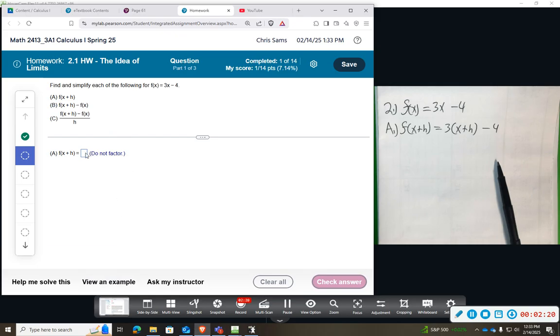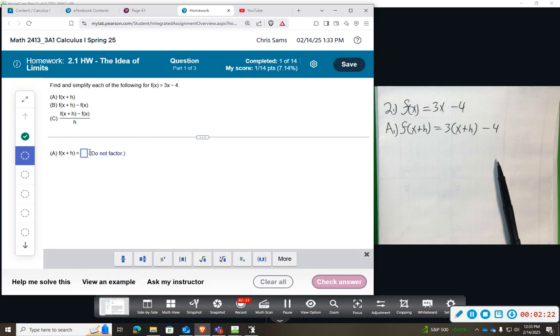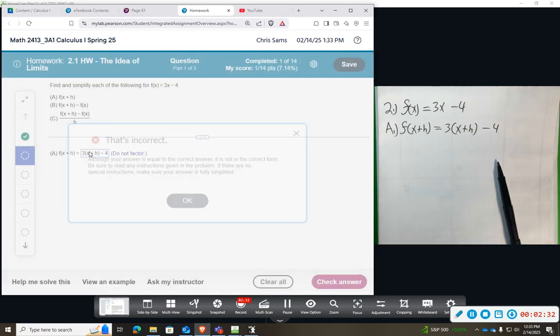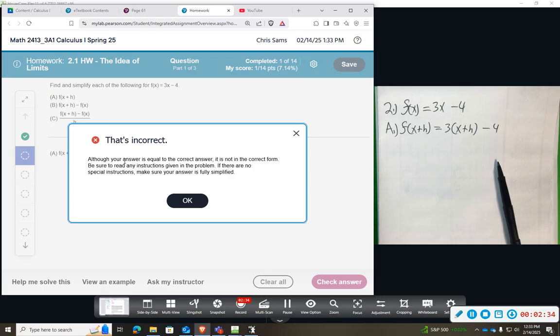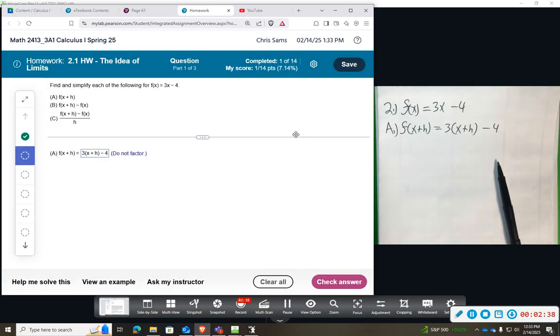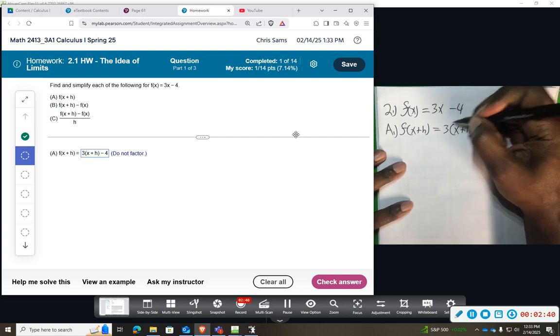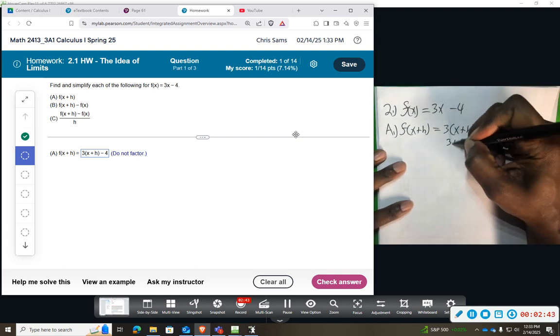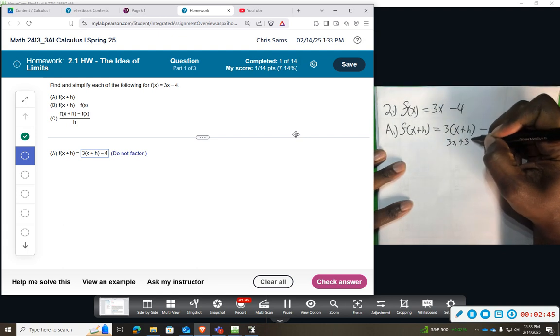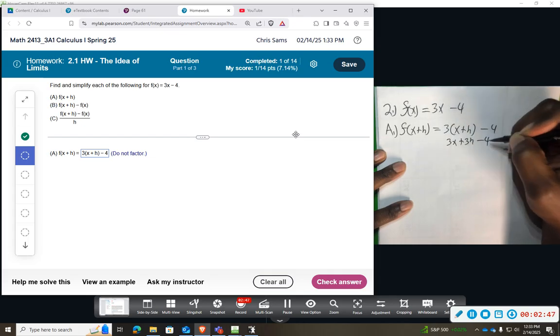This says do not factor it. So let's see, 3 times x plus h, minus 4. It says although your answer is equal to the correct answer, it's not in the correct form, so of course you want to simplify everything. We'll just distribute the 3, and that'll give you 3x plus 3h minus 4.